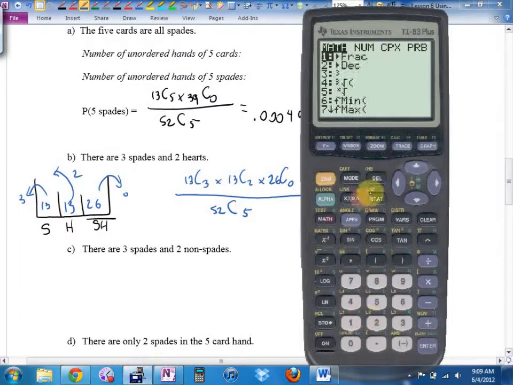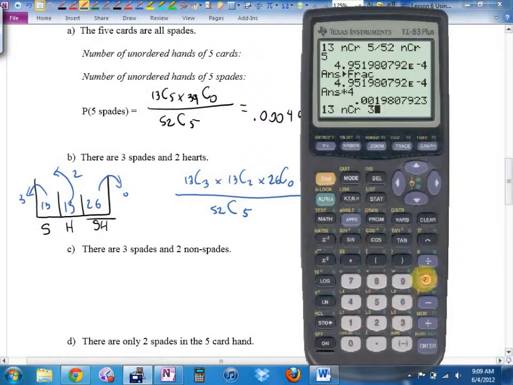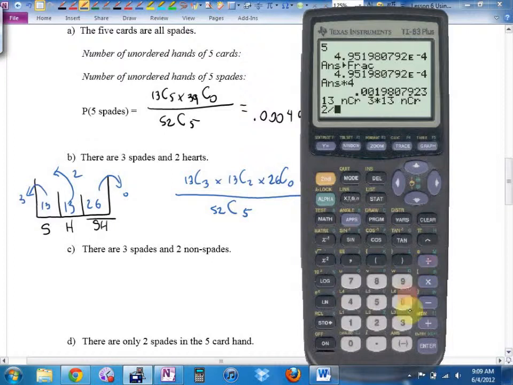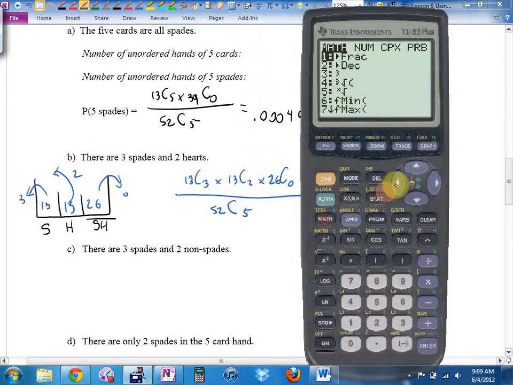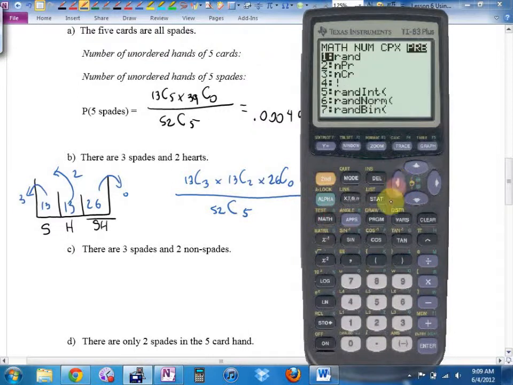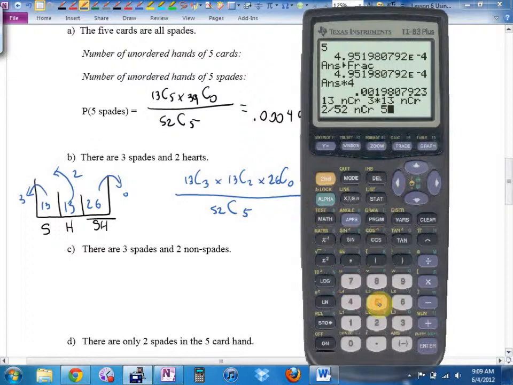13 choose 3, and not 12, 13 choose 2, divided by 52 choose 5. Whoop, that didn't work. Choose 5.